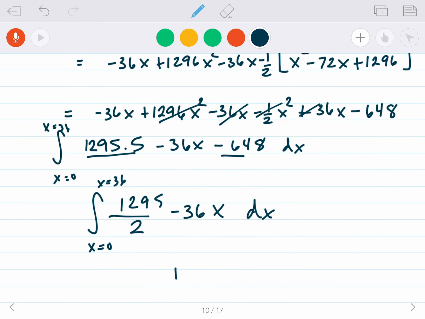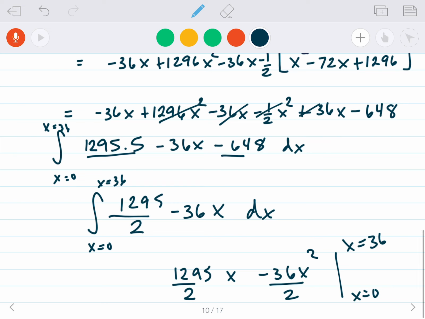Okay, so this is going to be 1295 over 2x minus 36x squared over 2. And we're going from x equals 0 to x equals 36. And let's see.